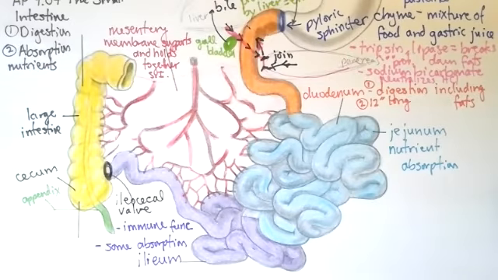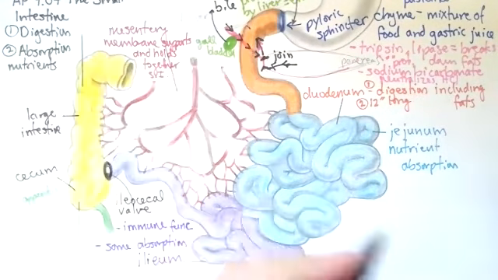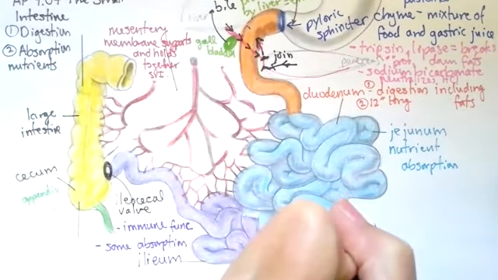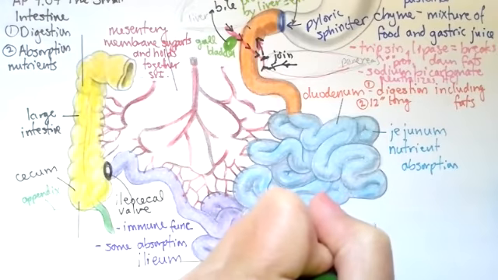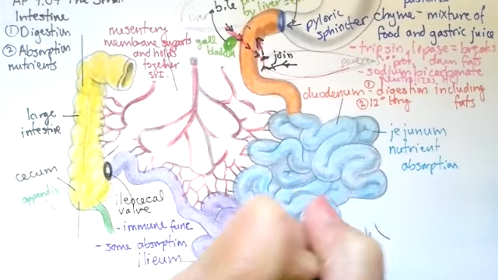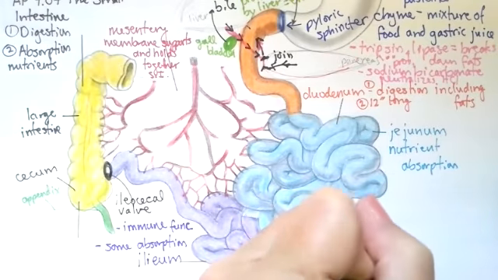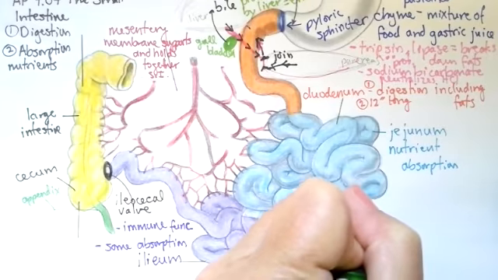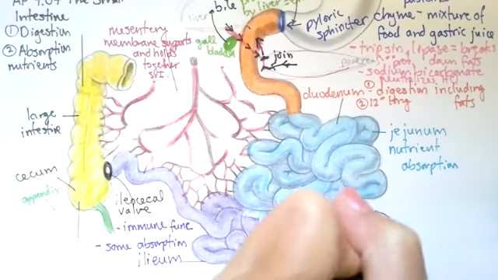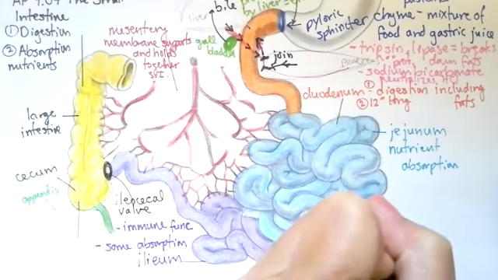I'm going to do a better job. I want to redraw that. I'm going to grab just a ballpoint pen here. So this is the bile duct. We get the bile duct coming in, and we get the duct from the pancreas. So this is the pancreatic duct.